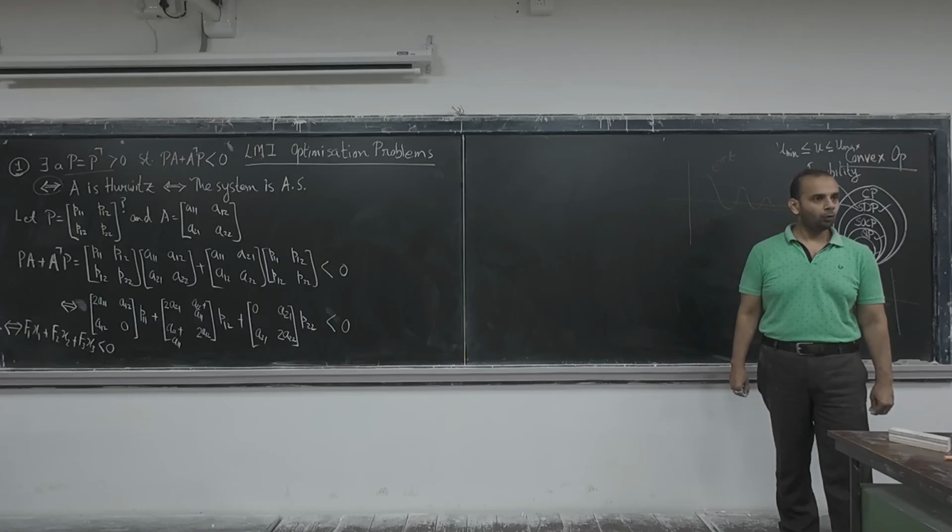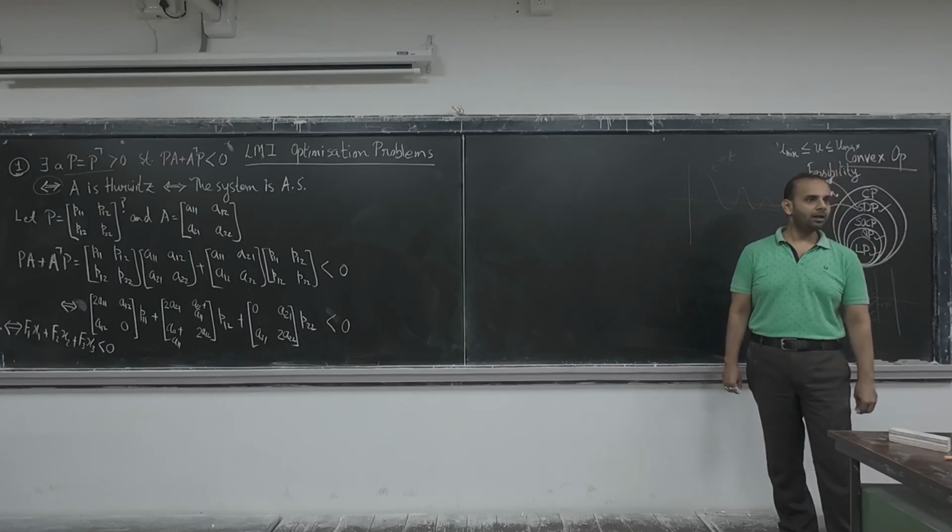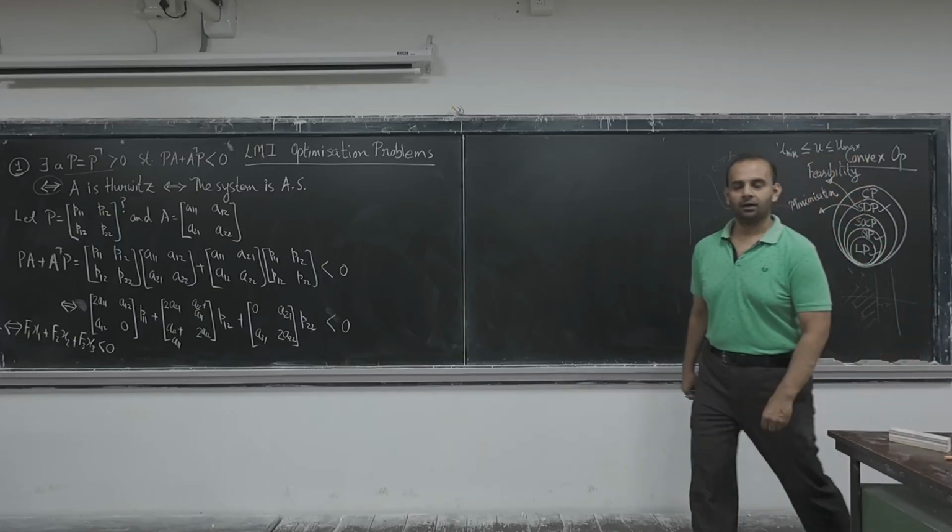Whatever poles we are going to get, that means the eigenvalues of A minus BK, the real part of all those eigenvalues must be less than minus sigma. In that way you have to write it.